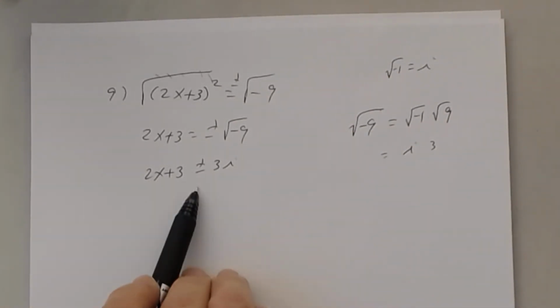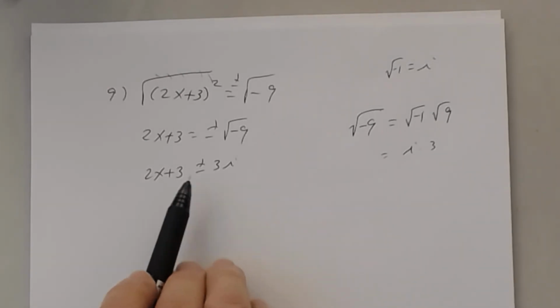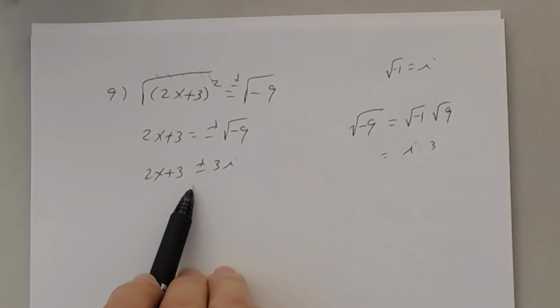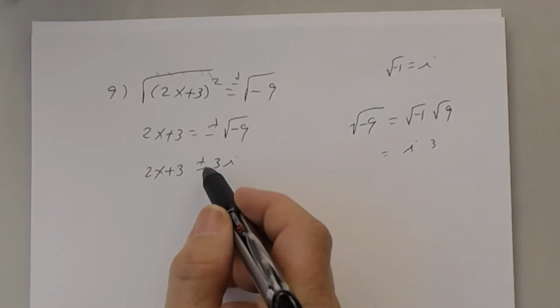Are these solutions real solutions? No. They're what kind of solutions? Imaginary solutions. Remember they have the i. So you're going to do this one just like you did the irrational ones. So just leave it as plus or minus.